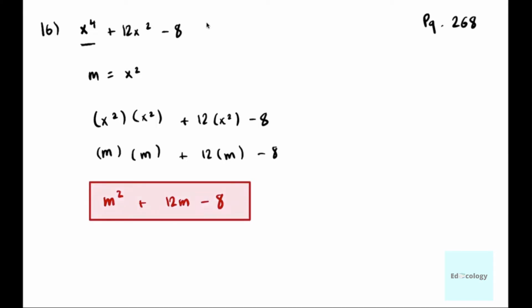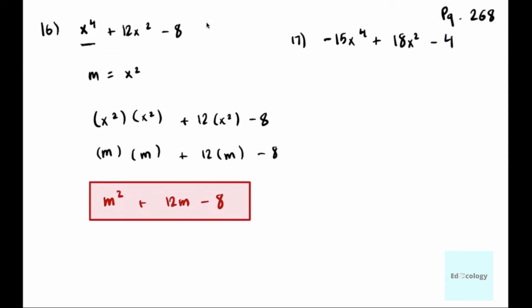Okay, now let's do another question. Let's do question number 17. Okay, question number 17 says negative 15 x to the power 4 plus 18x squared minus 4. This is the exact same concept.